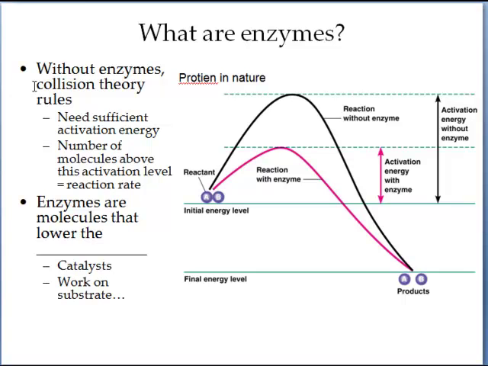And when this collision takes place, energy is required. So that's the nature of the start of any kind of reaction. That energy that is required to collide is called the activation energy. So there should be enough activated molecules for any reaction to take place.